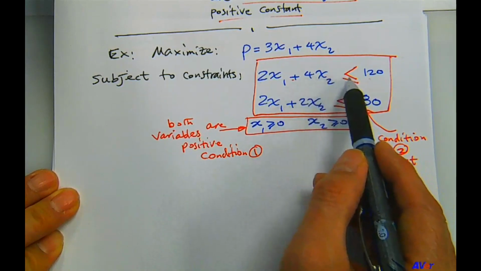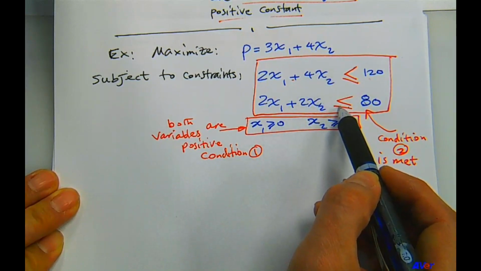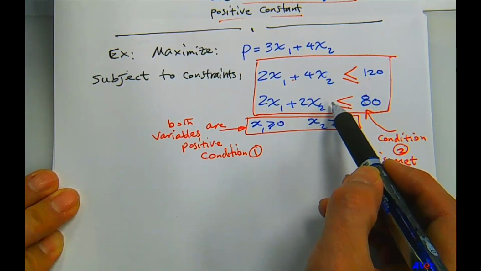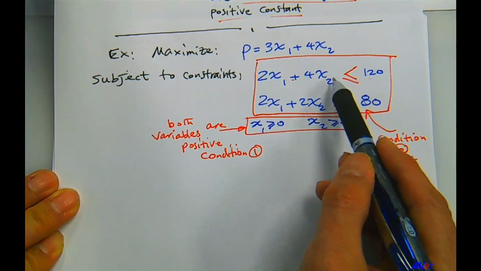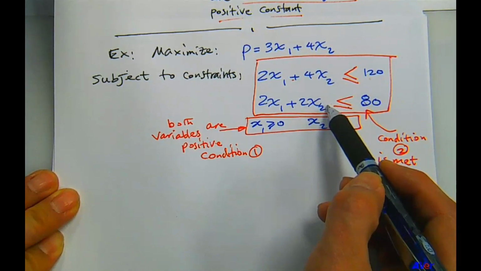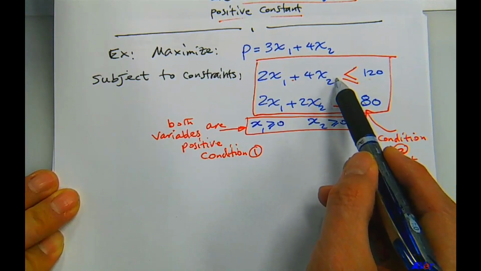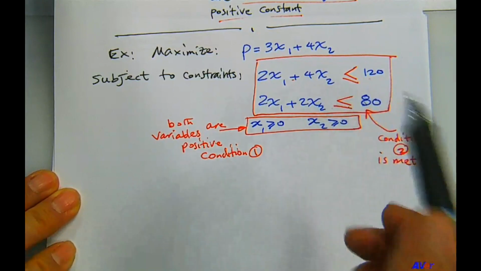For converting each of these constraint inequalities, we're going to need one slack variable. We have two constraint inequalities, so we're going to need two slack variables, S1, S2. If we had three constraint inequalities, then we would need three slack variables: one slack variable for converting each of these inequalities to an equality. So let me write down what I just said.